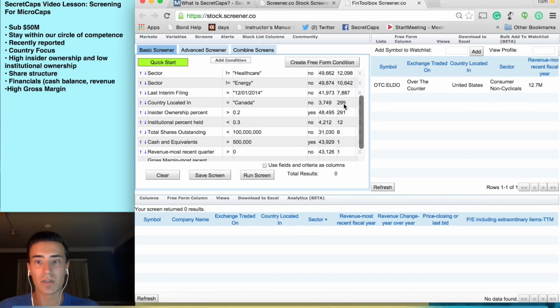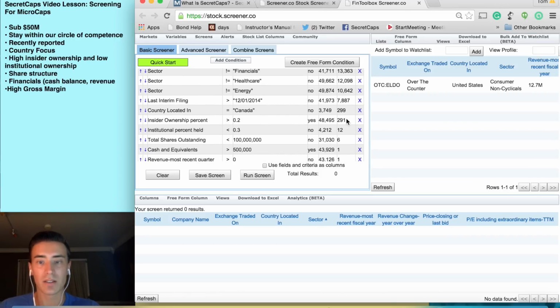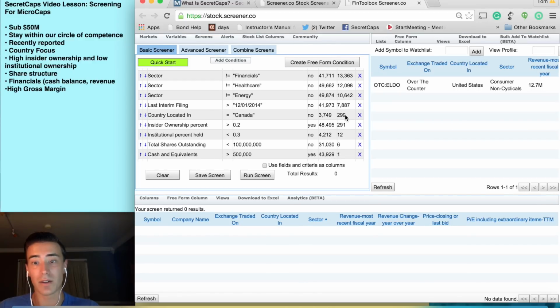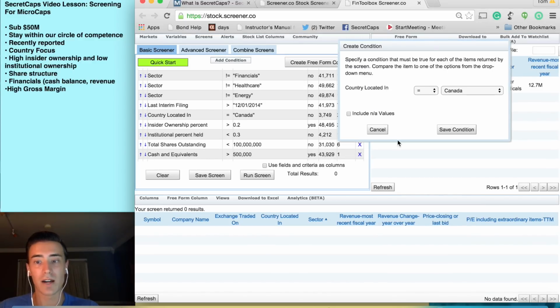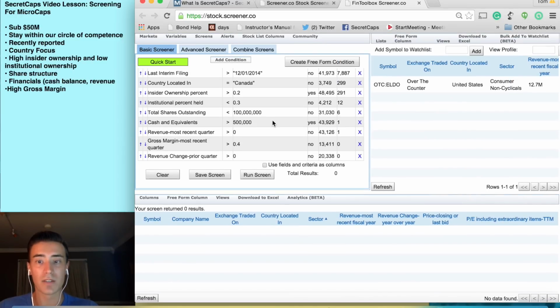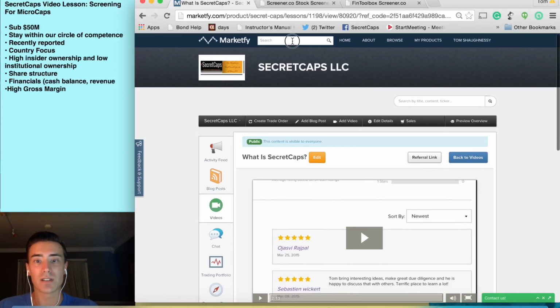If we look at our chart here, if we were less specific, we could have had anywhere from 300 to 12,000 names to look at, and actually around 300 names to look at after our interim filings and sector removals. So FinViz is pretty powerful with other countries as well, even though there are thousands of microcaps out there.